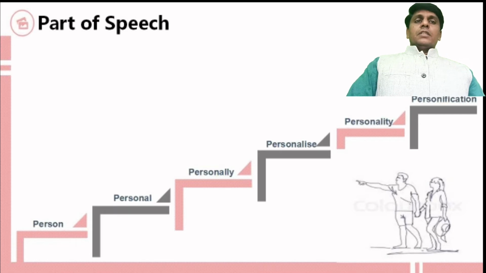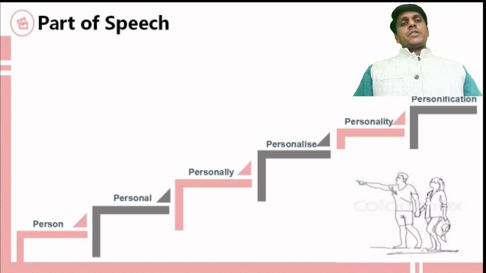This is a single word and the part of speech of it is noun. But I can use many words out of it, of different parts of speech. I can say personal, it is my personal matter.